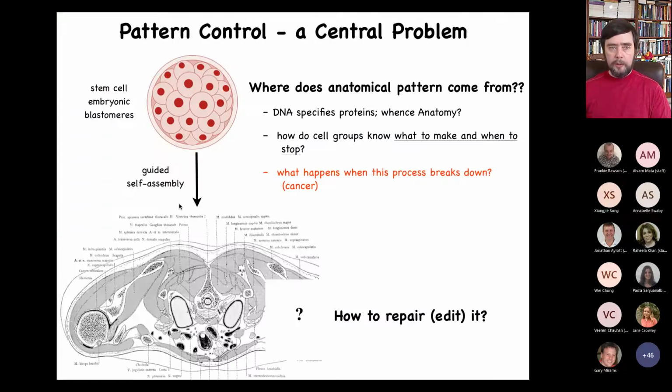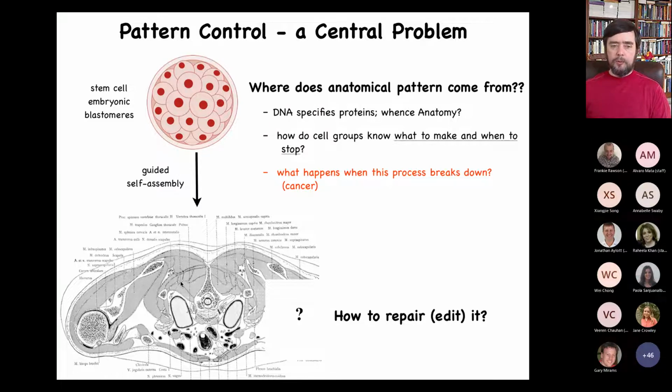So what we have then is this fundamental question, which is that we all start life as a collection of blastomeres, so individual embryonic kinds of cells, and then during development, they work together to build something incredibly complex. So this is a cross-section through a human torso. You can see all of the tissues and structures in the right place, the right size, everything's correct relative to each other. Where does this information come from?